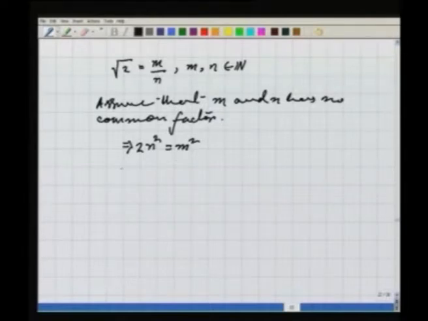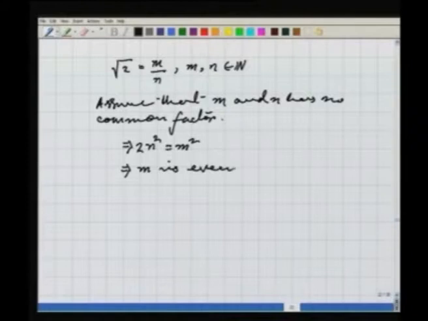Well, if that is the case, since the product of two odd natural numbers has to be odd, and here I see that m into m is even, it implies that m must be an even number. So, I have m is even. That means m must be looking like 2k for some natural number k.